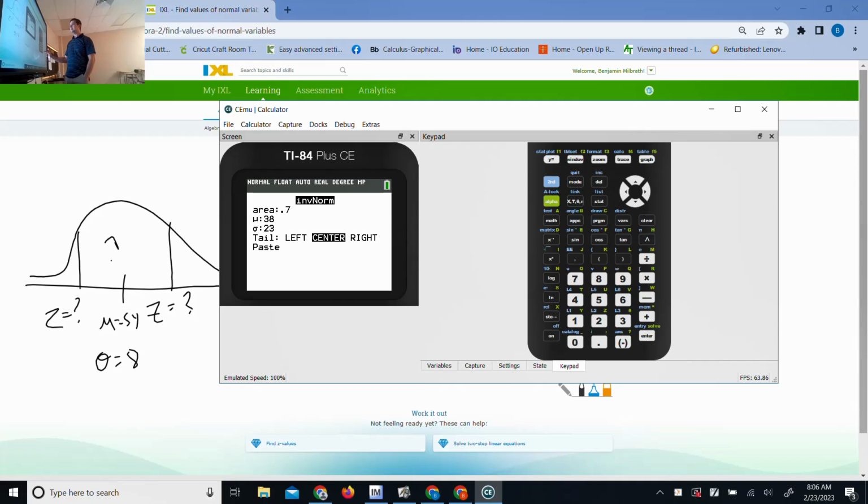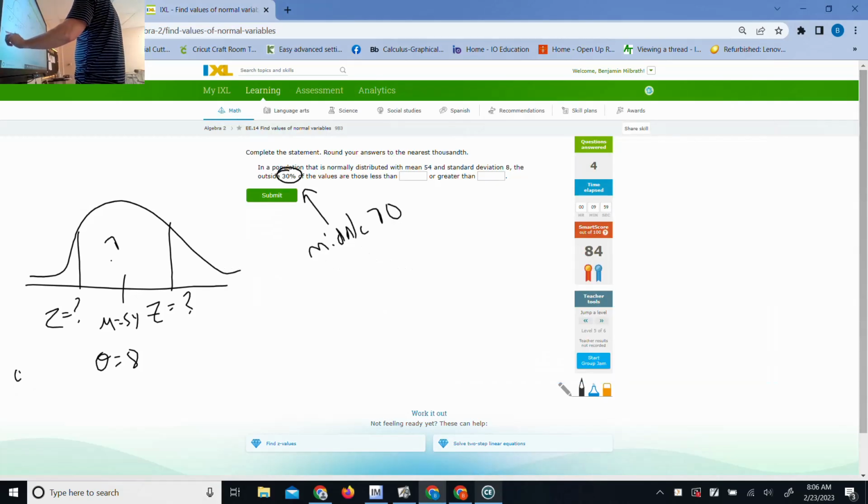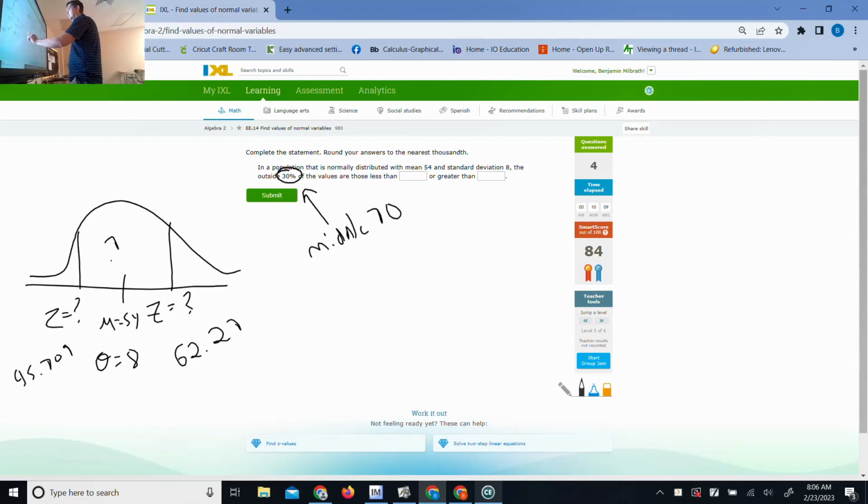Area here being 0.7. Mean being 54. Standard deviation being 8. Still doing a center tail. So 45.709. The other one being 62.291.